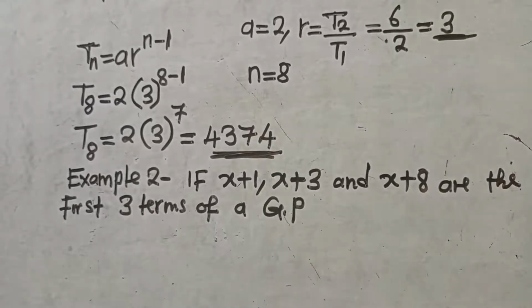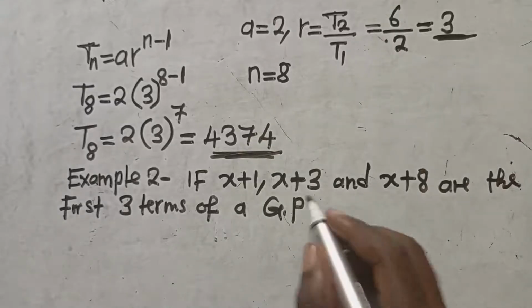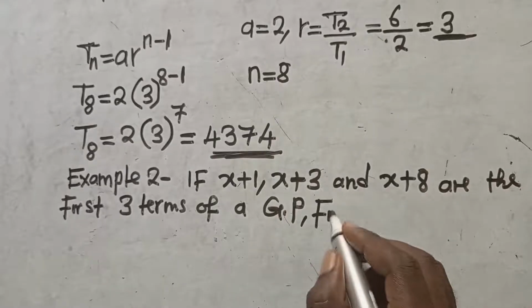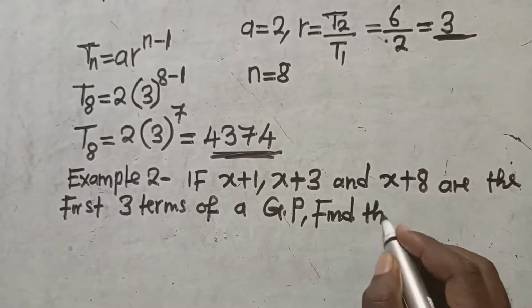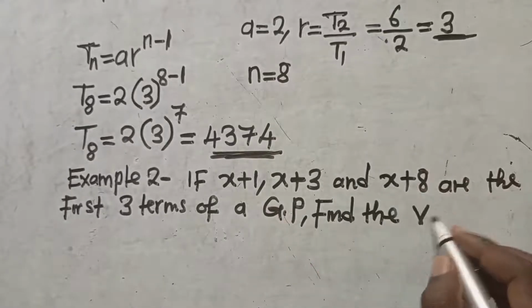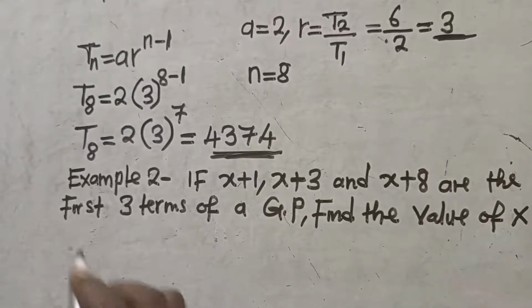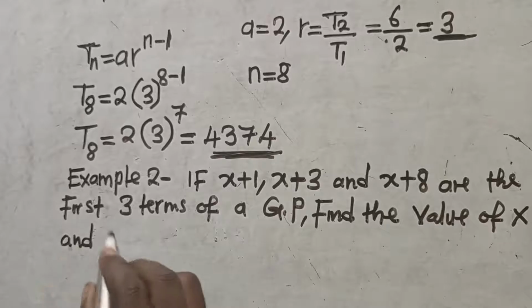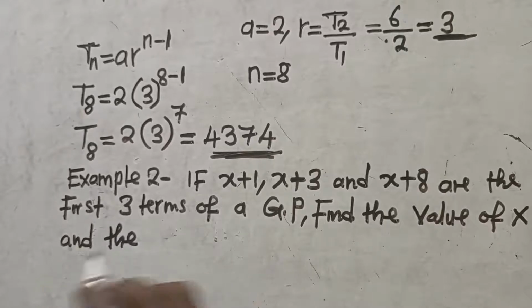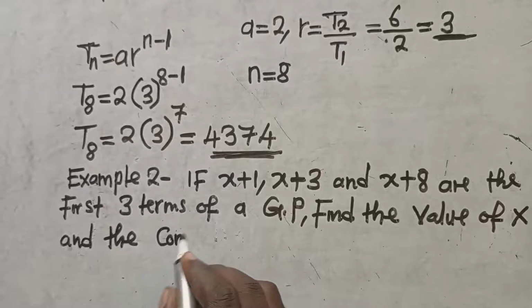The first question is telling us to find the value of x. You are told to find the value of x and the common ratio.